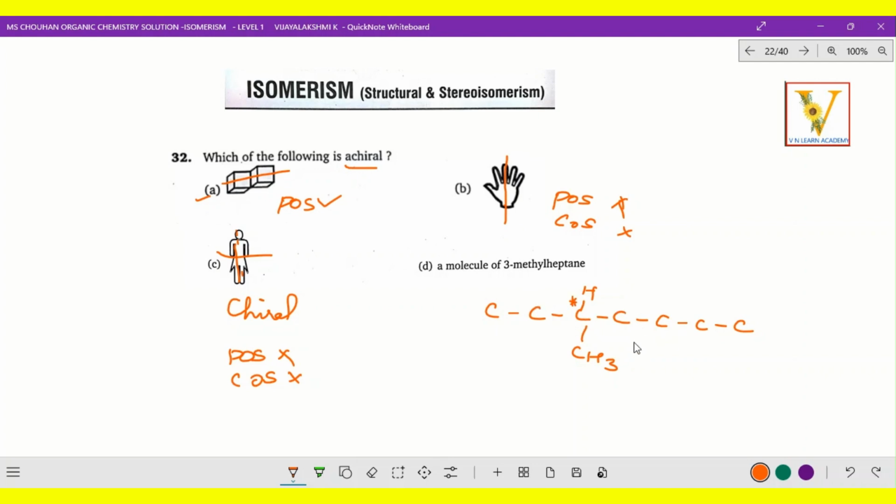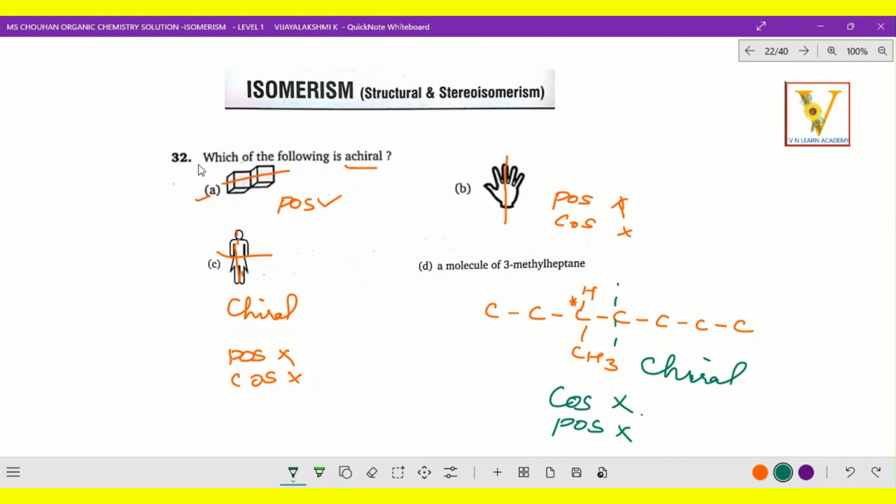So do you think it is achiral? Achiral means it has to be symmetrical, both sides it has to be equal portions. But when you cut, do you think any point will be available? No, this is a chiral molecule, right? So you cannot find COS or POS. POS absent, COS absent.